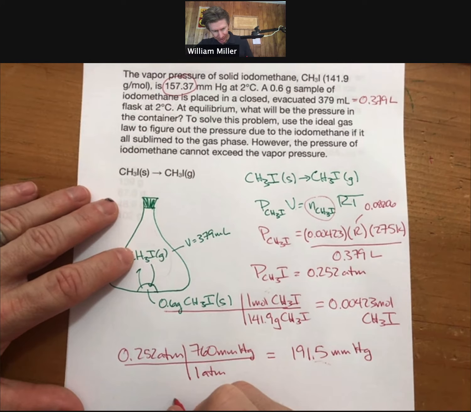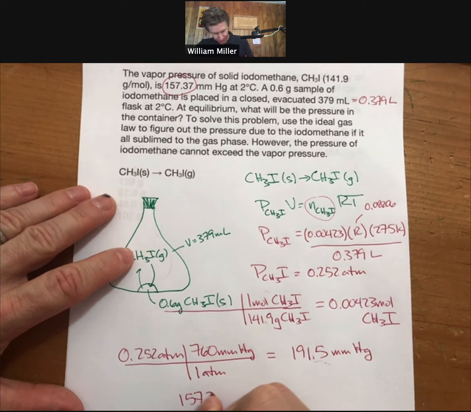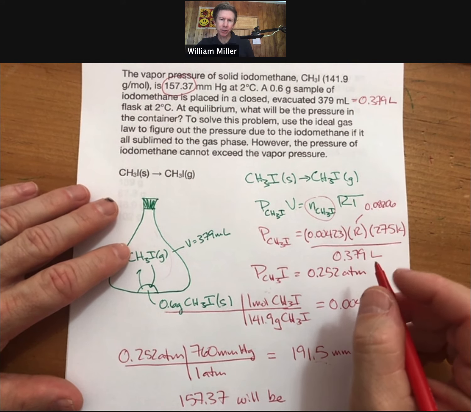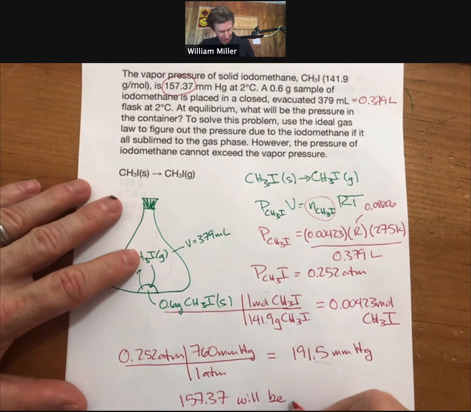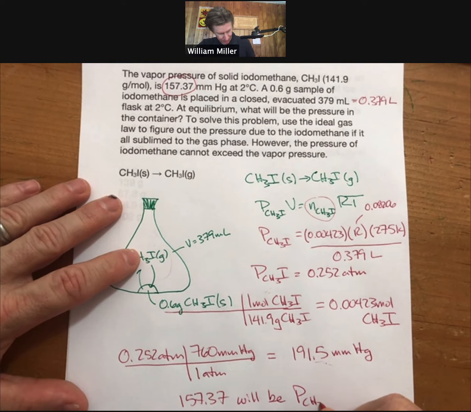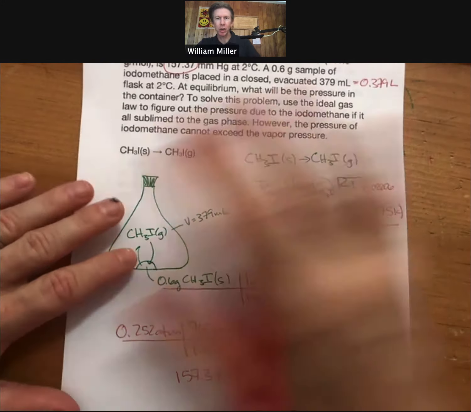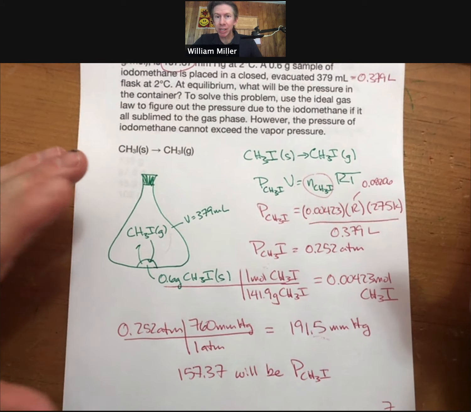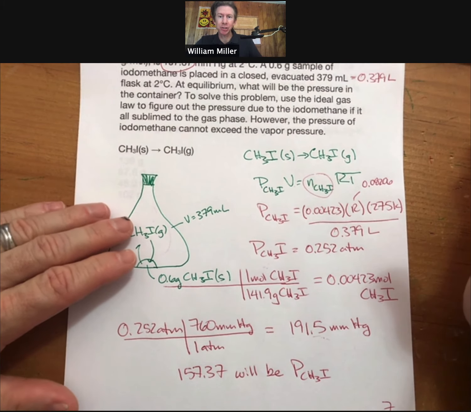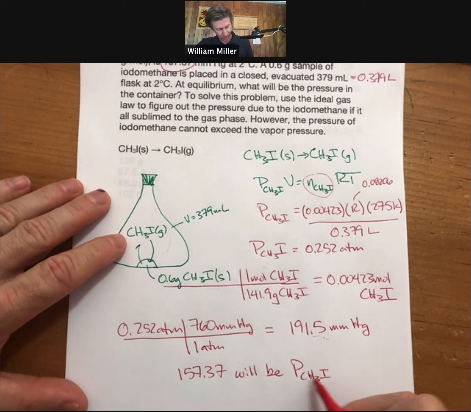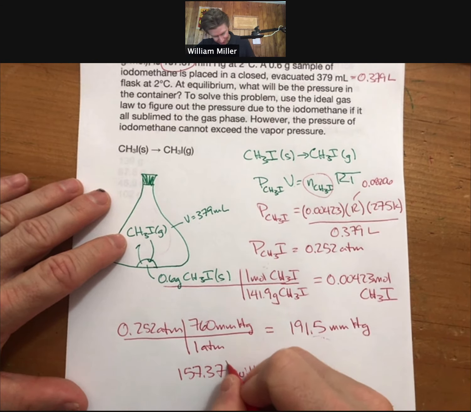So 157.37 will be the partial pressure of iodomethane, because that's the highest pressure you can get. That's what the vapor pressure is. And I should put units there.